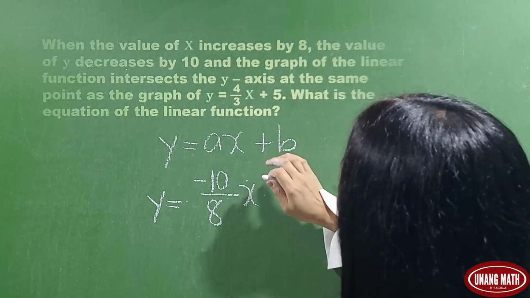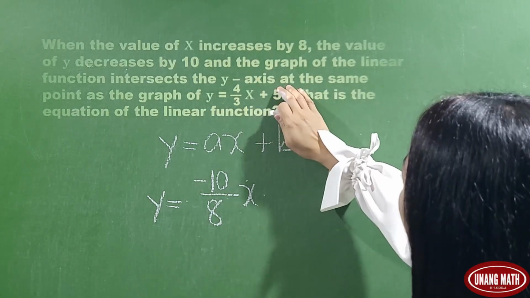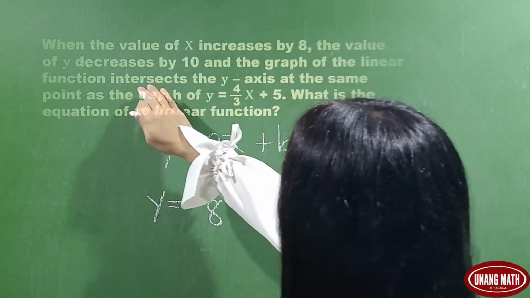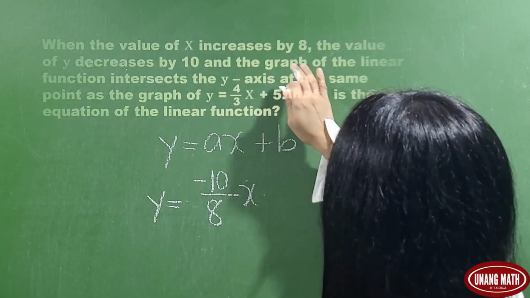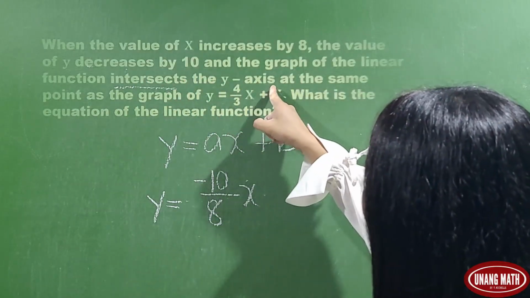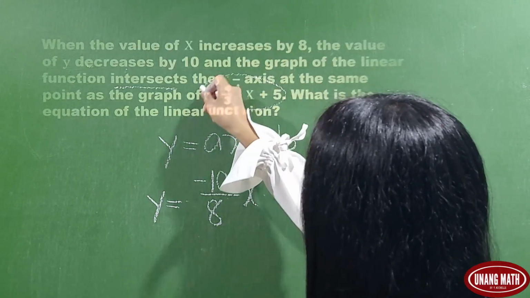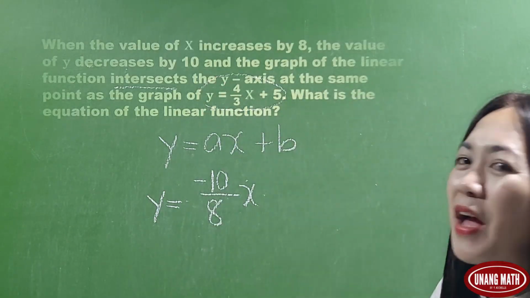Okay, now, what about our y-intercept? According to the problem, the graph of this linear function intersects the y-axis at the same point as the graph y is equal to 4 over 3x plus 5.